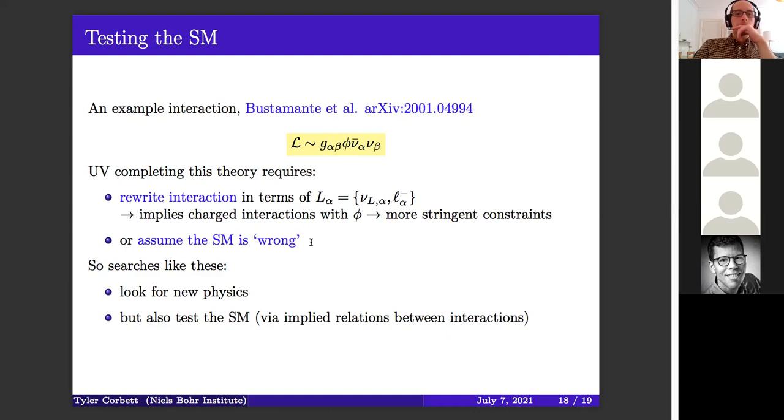Or to put it in more realistic terms, these searches not only look for the new physics that you're presenting when you study these interactions, but they're also really important tests of the standard model and its symmetries and its gauge representations. Because if you were to see these interactions, you would be able to compare them to the charged interaction constraints and try to infer, is there something that's breaking what I assume from the standard model? What kind of new physics is here? And it's a really important test of the standard model.